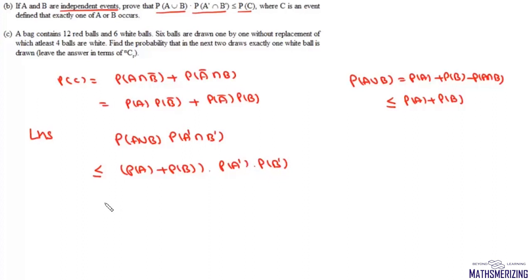Now it will be PA into PA naught into PB naught plus PB into PA naught into PB naught.